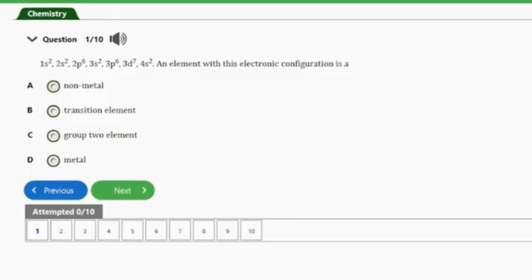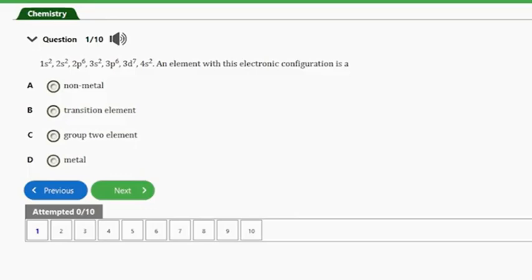Question number 1. The question says 1s2, 2s2, 2p6, 3s2, 3p6, 3d7, 4s2. An element with this electronic configuration is: A, non-metal; B, transition element; C, group 2 elements; D, metal.